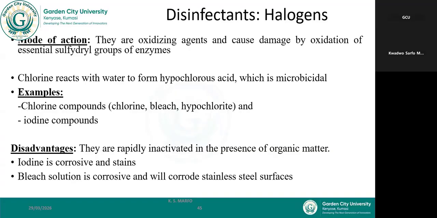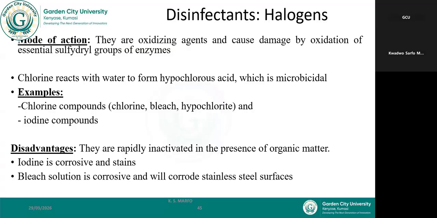So once the enzymes or the proteins or other molecules are oxidized, they interfere with the activities within the cell. And that's how come these disinfectants are able to kill microorganisms. So for chlorine to react with water to form hypochlorous acid is very effective in killing microorganisms. That's why bleach, hypochlorite, and iodine are used for such purposes.